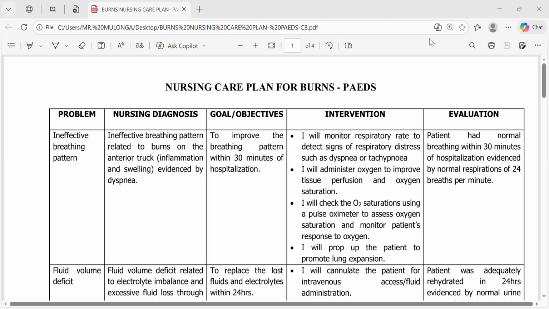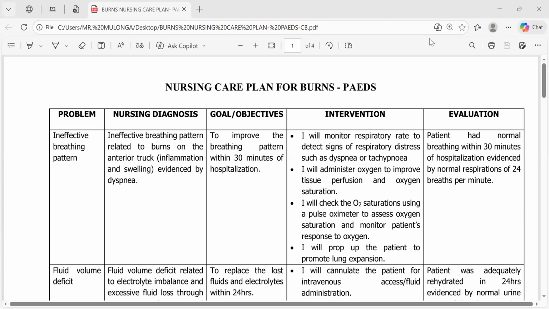If the child is not breathing properly, our problem is going to be ineffective breathing pattern. Therefore, our first problem is ineffective breathing pattern.